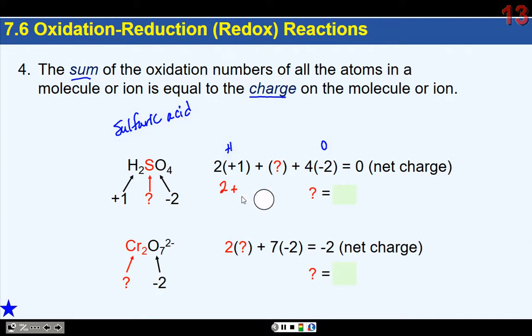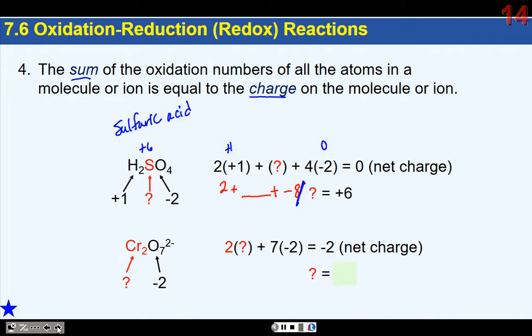So the last value is that we're adding an unknown value, and then -8, and it all has to add up to 0. So the charge on the sulfur is what remains. So the question mark is going to be what? Well, I've written this in a funny fashion. The question mark will be the value for sulfur, or 6, +6. So sulfur is going to be +6 in this example.